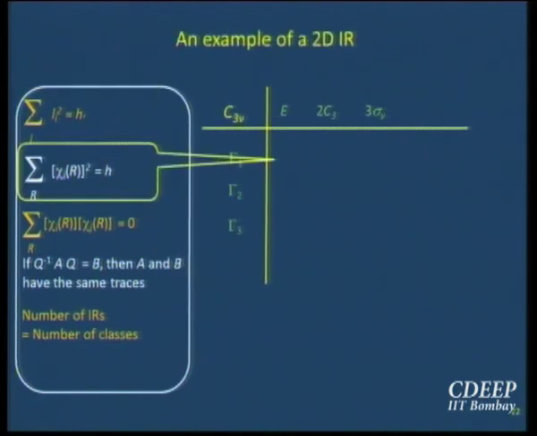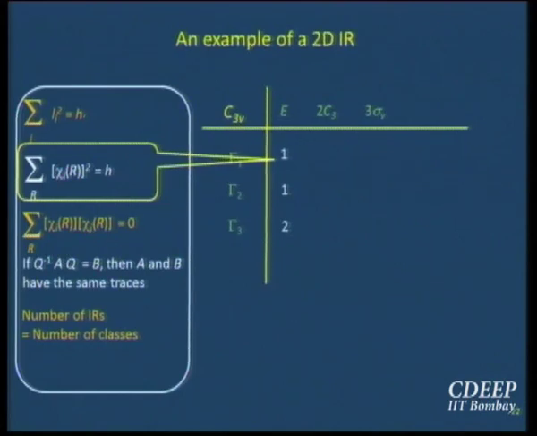So now first column, first row is very easy, right? First column is 1, 1, 2 this time. Just don't forget L3 is 2, isn't it? And what we said is that the character of E is equal to the dimensionality, right?